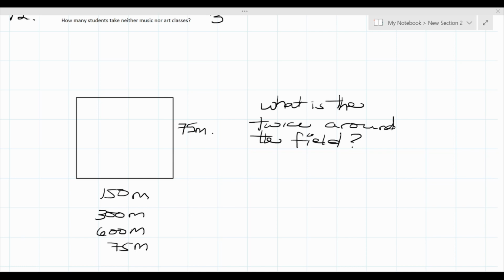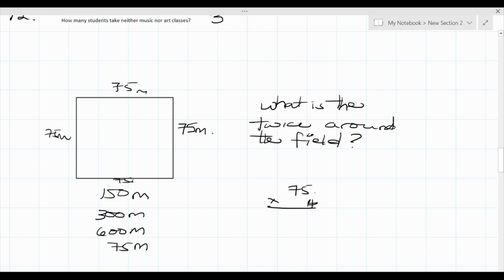So this question wants us now to look at perimeter, because perimeter is the total distance around the shape. So this would be 75, and then you'd walk another 75 there, another 75 meters here, and 75 meters here. So this is really what? 75 times 4, and that will give me how much he would cover going around it once.